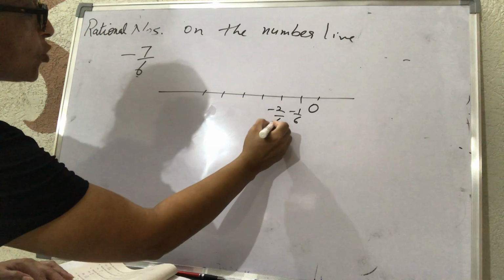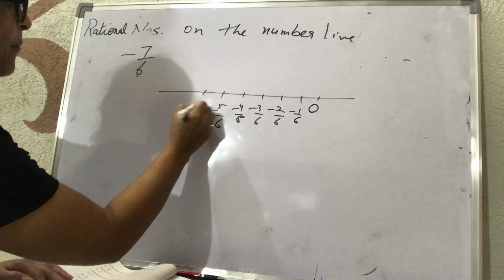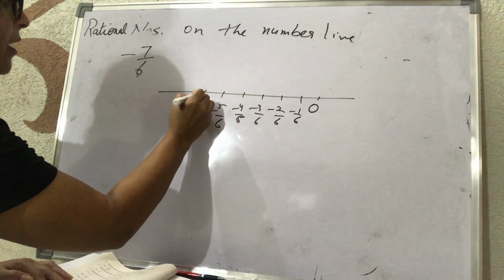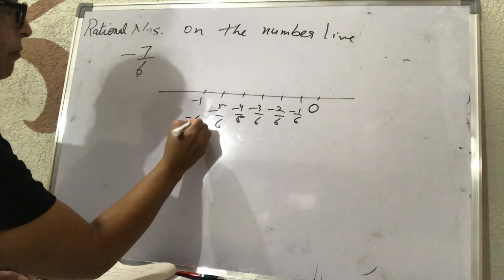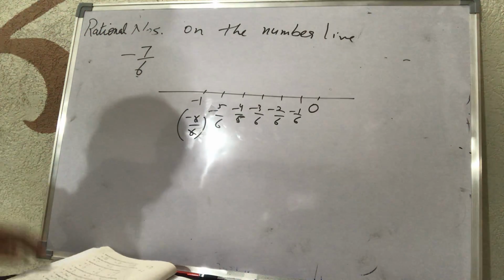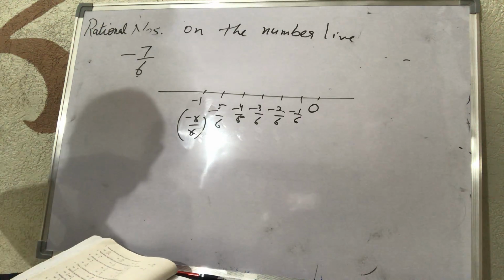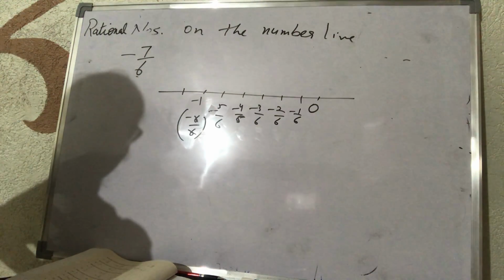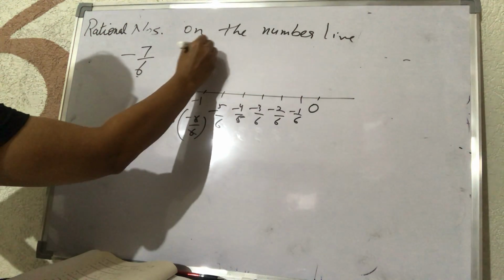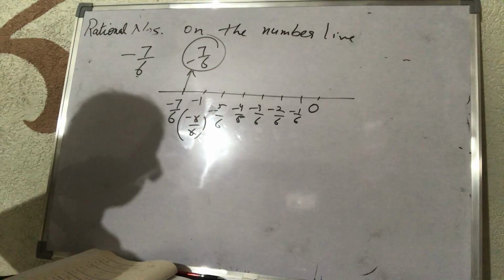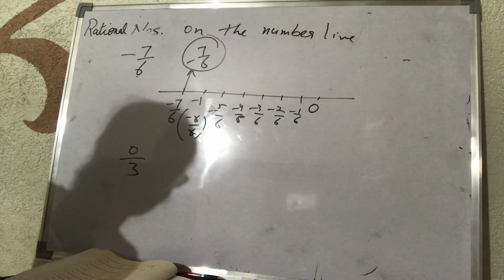Minus 1 by 6, minus 2 by 6, minus 3 by 6, minus 4 by 6, minus 5 by 6, minus 6 by 6, which becomes minus 1 after cancellation. But we have to show minus 7 by 6. So we have to go further after minus 1, one more part. That will be minus 7 upon 6. This is the answer.